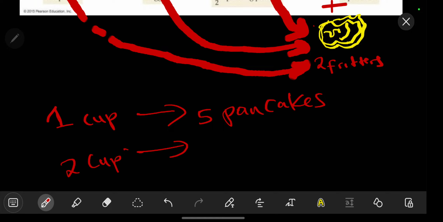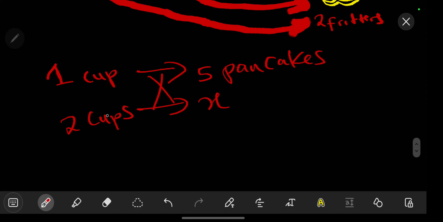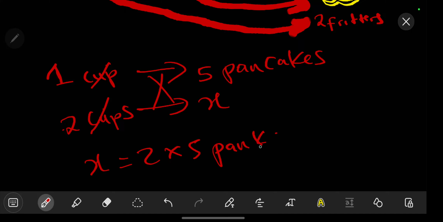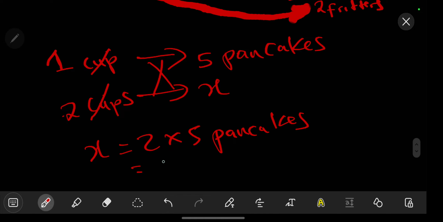So as long as you have 2 cups, you are always going to produce x. Times 1, so as long as these are on the same side, you can cancel them. So x times 1 is x, should be equal to 2 times 5 pancakes. So this is going to produce 10 pancakes.